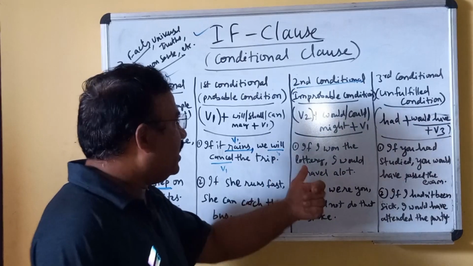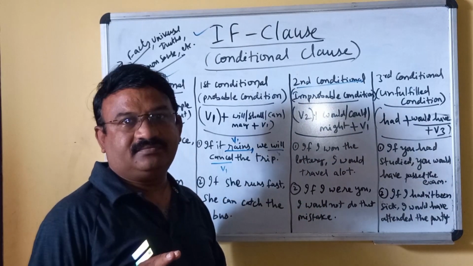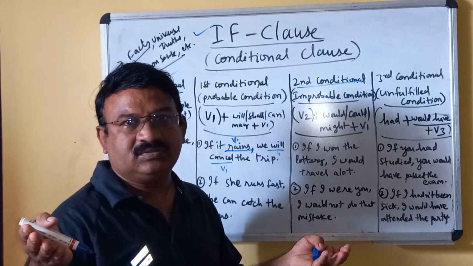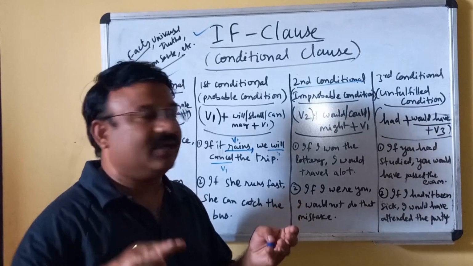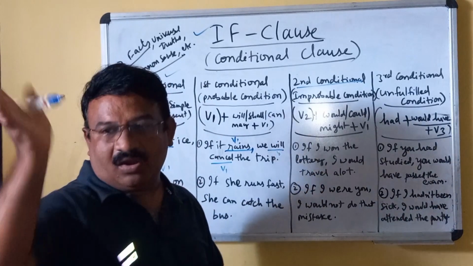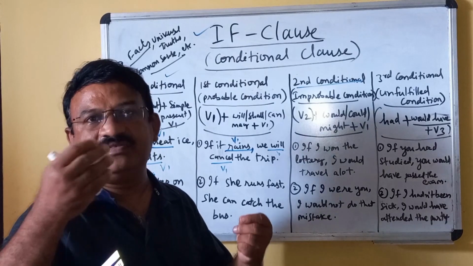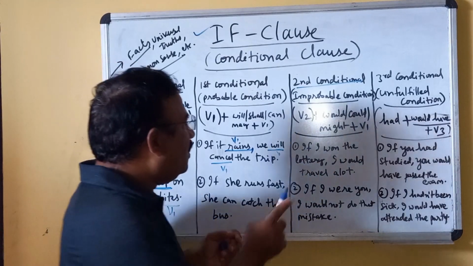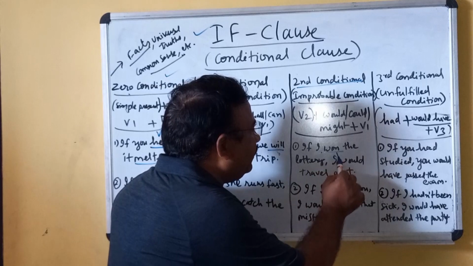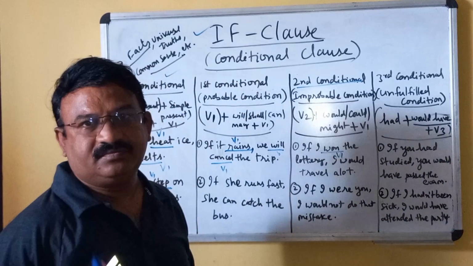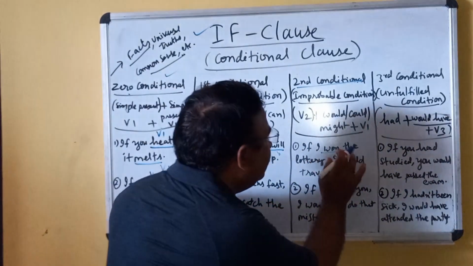Let us see the example. If I won the lottery, improbable. If I won the lottery, I would travel a lot. It is impossible. Here won is V2.